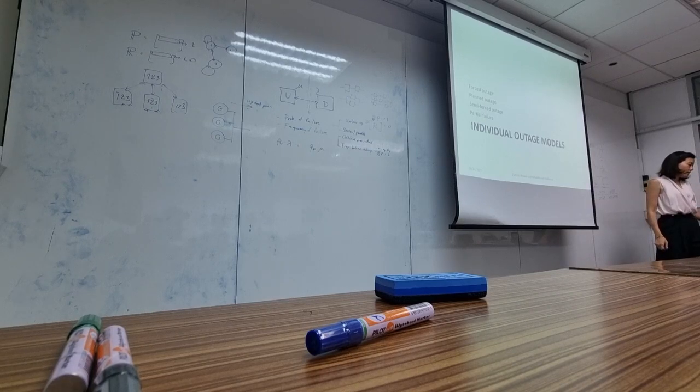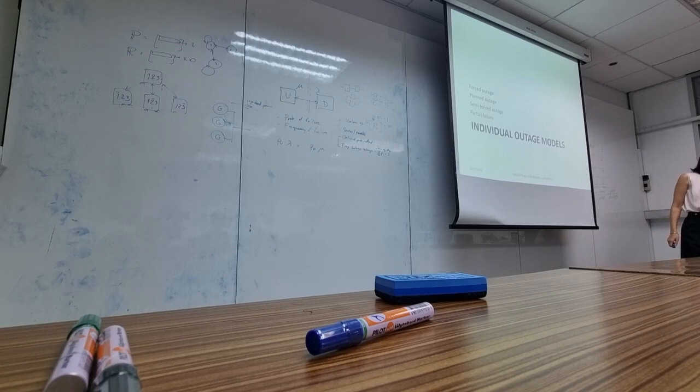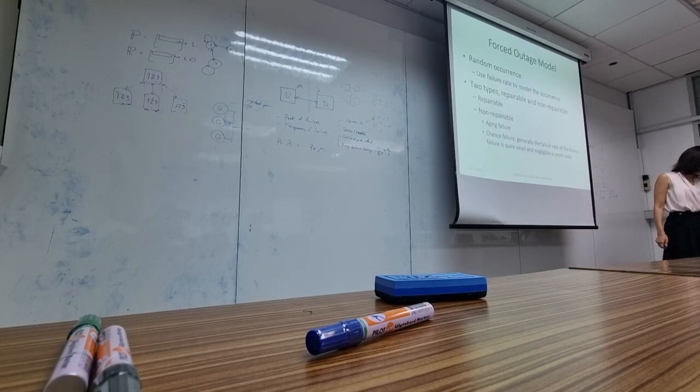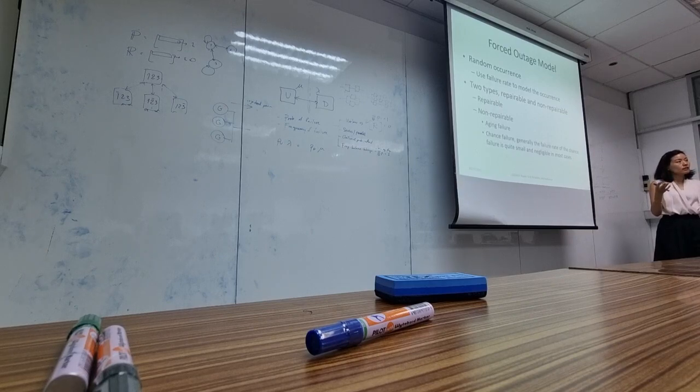So first, we have the individual outage models. In the individual outage models, we have forced outage, planned outage, semi-forced outage, and partial failure. So let's see what that means. When it's a forced outage, you will hear when they talk about generators being forced out, it means that they go off for minutes.